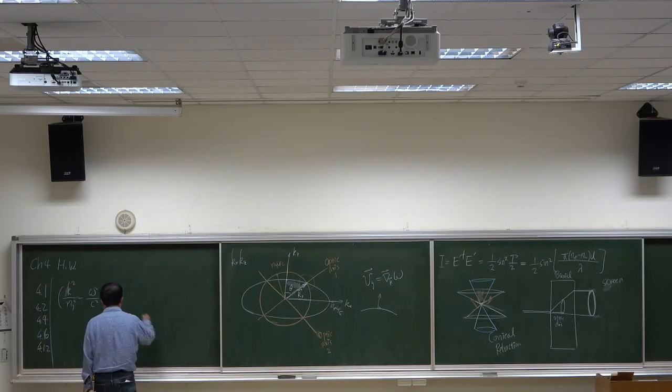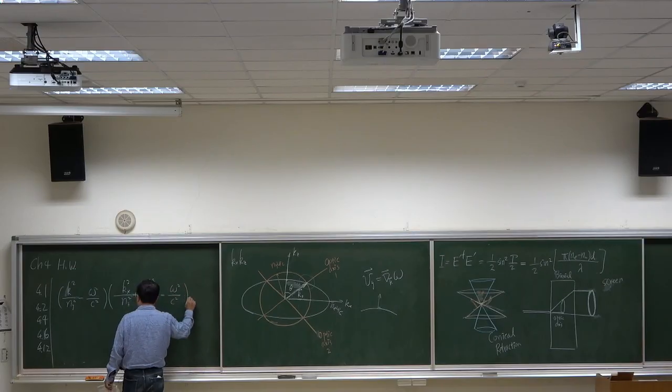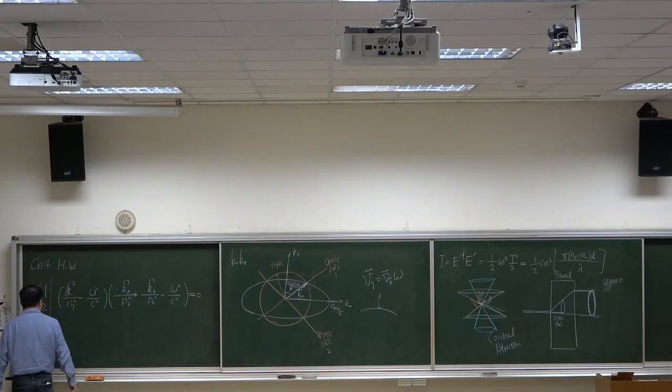And the ellipse is kx squared over nz squared plus kz squared over nx squared minus omega squared over c squared equal to 0.